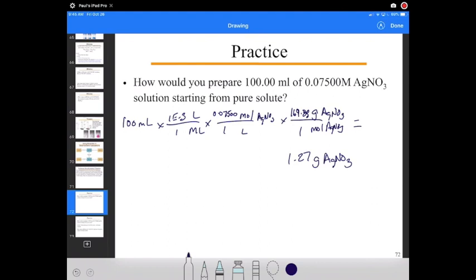Because that 1.27 grams takes up a little bit of volume. If you added 100 mils of water to that, what might actually happen is the actual volume of the silver nitrate will make you go over 100. So what you do is you dissolve it in like 90 mils, make sure it's completely dissolved, and then you fill it up until it gets to 100, so that it's absolutely perfect. Okay?